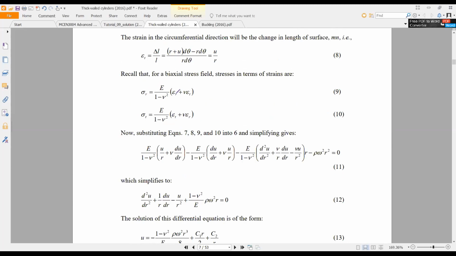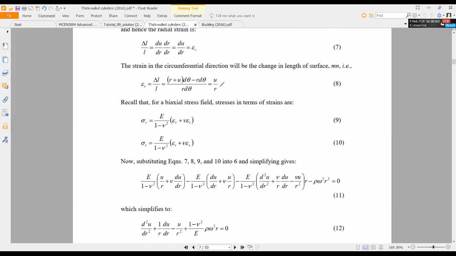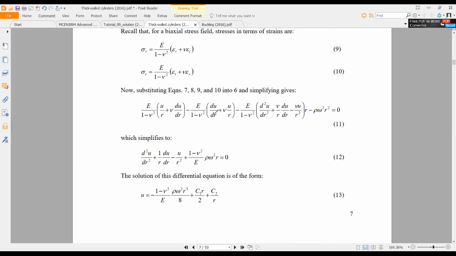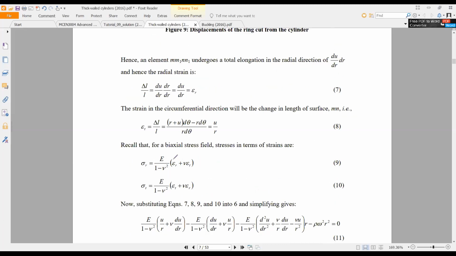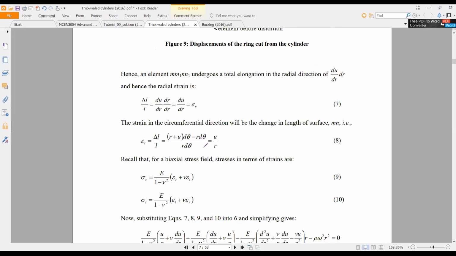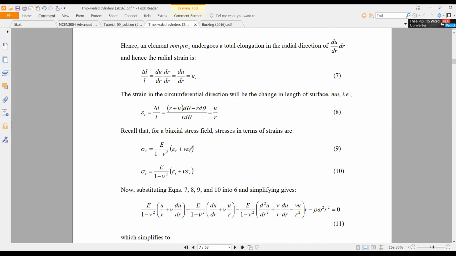With epsilon r and epsilon t, epsilon r is u differentiated with respect to r. That means this equation you need to differentiate with respect to r, and it is epsilon r. That one you can substitute in here, and epsilon t, that is u divided by r. So this is u. You can divide this equation by r and substitute to epsilon t, and you will get the equation for sigma r and sigma t.